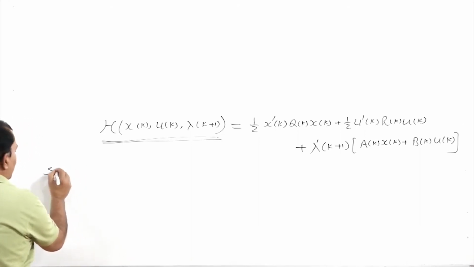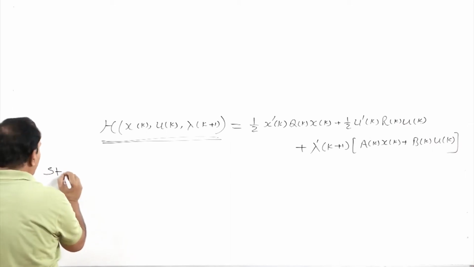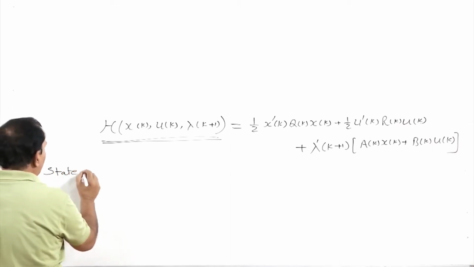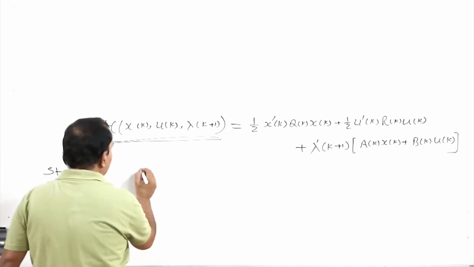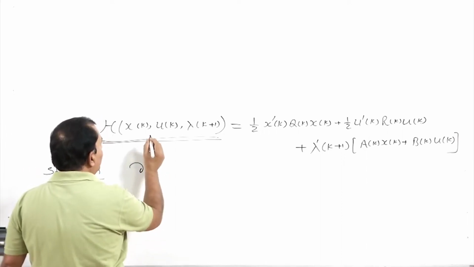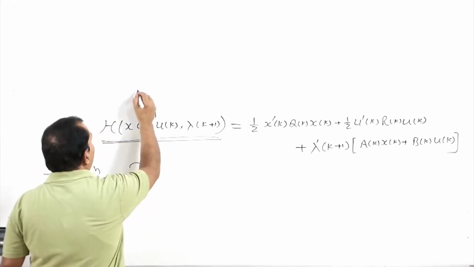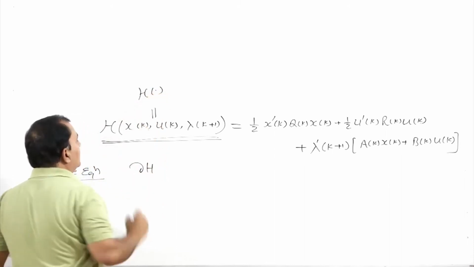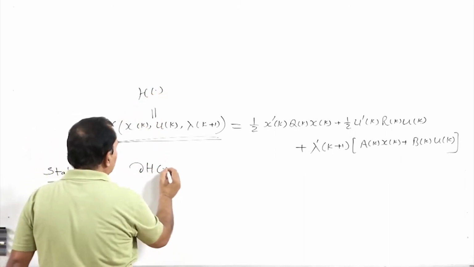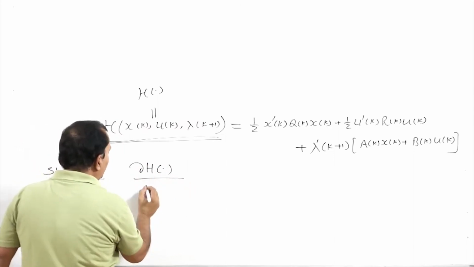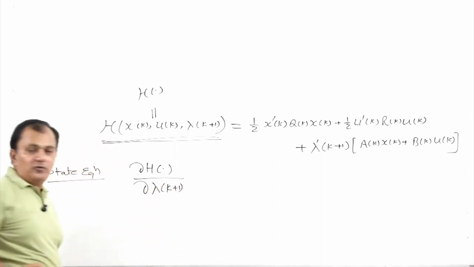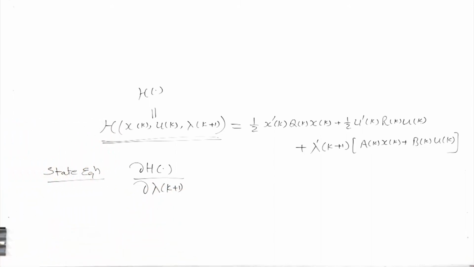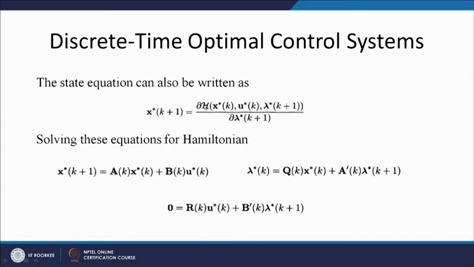So, by this basically we have to find out our control equation. If I write the state equation, how do we write this? Del H. Then I have to differentiate this with respect to lambda k plus 1. This means x star k plus 1 we have taken as del H by del lambda star k plus 1.